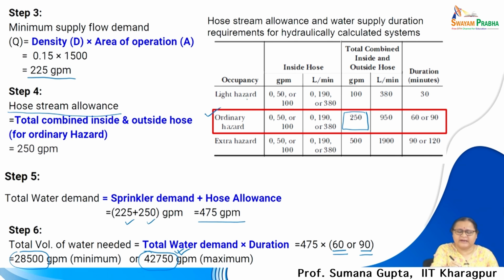So, if the room had a light hazard, my combined inside and outside hose gallons per minute should be this 100. If it would have been an extra hazard building, it would have been considered as 500. Instead, ours is ordinary hazard, we have considered 250 gallons for our case.